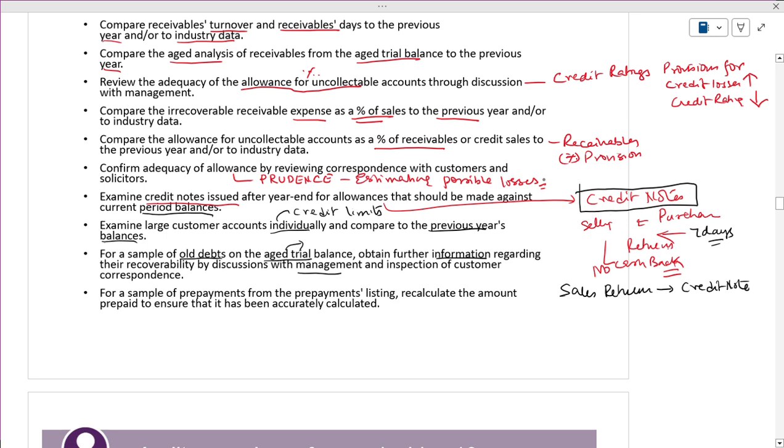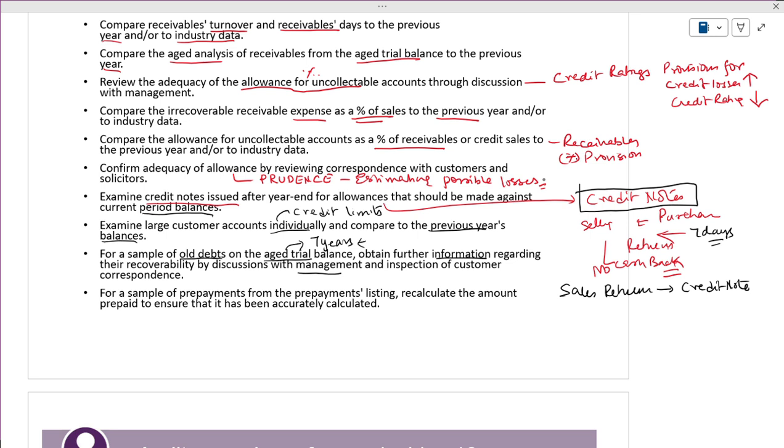Even a bank will take many years. Usually there is an accounting policy of minimum 7 years, minimum 4 years. We will try our level best to recover the amount from the aged receivables.